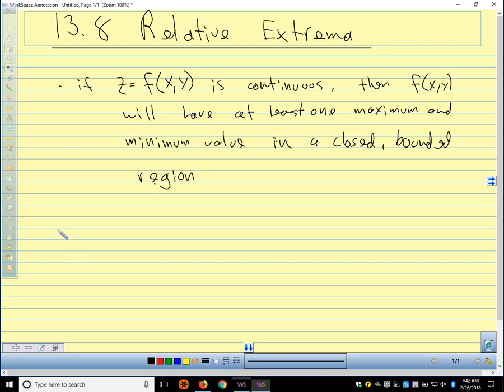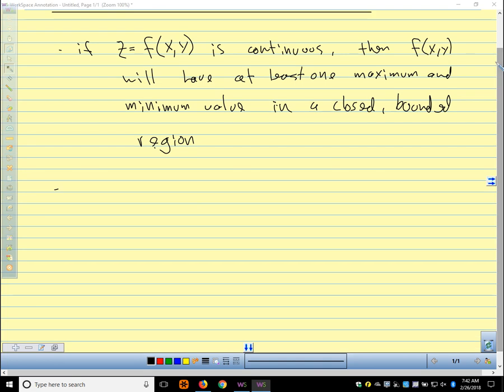So for a multivariable function, let's define a relative or local maximum and minimum.